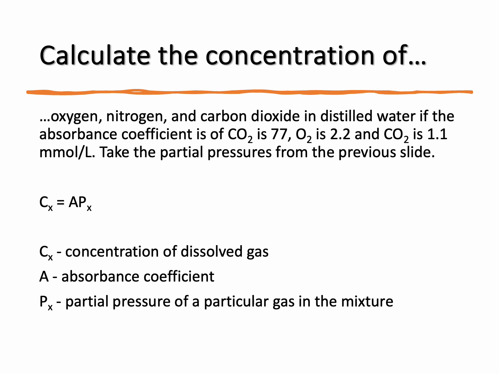So using the partial pressures from the previous slide, which would be P sub x, and giving you the absorbance coefficient on this slide, here the absorbance coefficient of carbon dioxide is 77. I want you to tell me how much dissolved gas would be in distilled water.